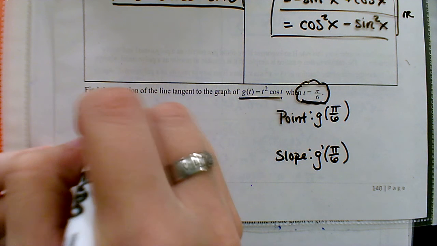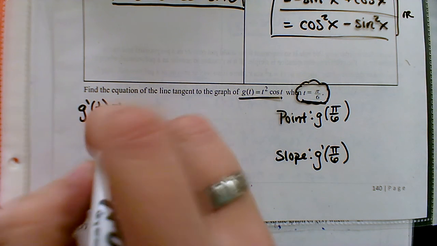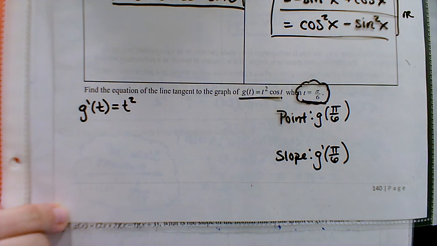Notice that the original equation is multiplying two things together. You have t squared times cosine. So if you're multiplying two things together, you have to use the product rule shortcut to help you figure out the derivative. So let's go through that. We have 1 times d2, the derivative of cosine.